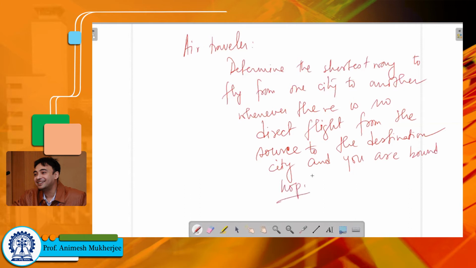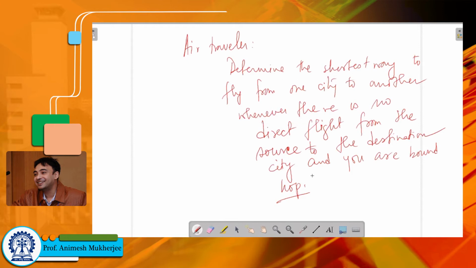So basically in this particular problem scenario, what you want to identify is the minimum number of hops you can take. This minimum again has various different definitions or connotations. So you want to identify what is the minimum number of steps, or the minimum number of hops, that one needs to take before the destination is reached.